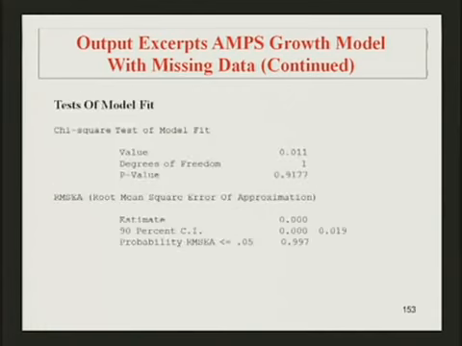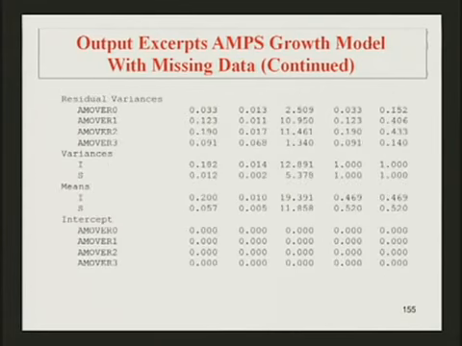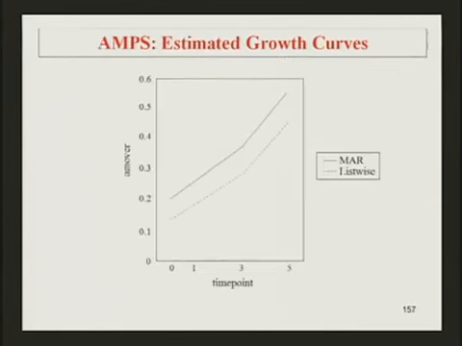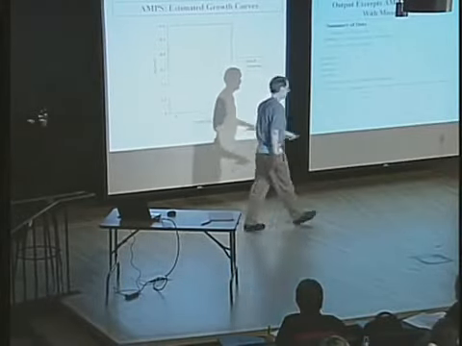So here's the growth model. Apparently it has only 1 degree of freedom, and you have the estimates here. We're not too interested in them right now, except to say that they are maximum likelihood estimates under MAR. Instead, let's look at this picture, slide 157.